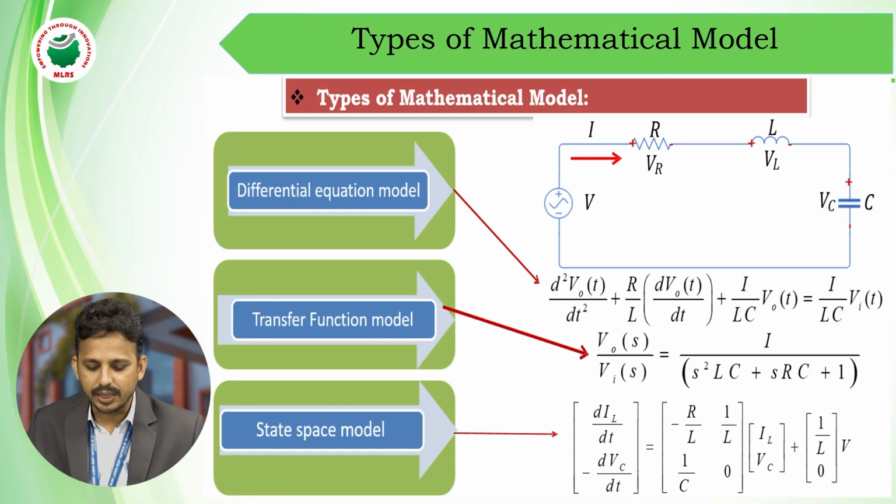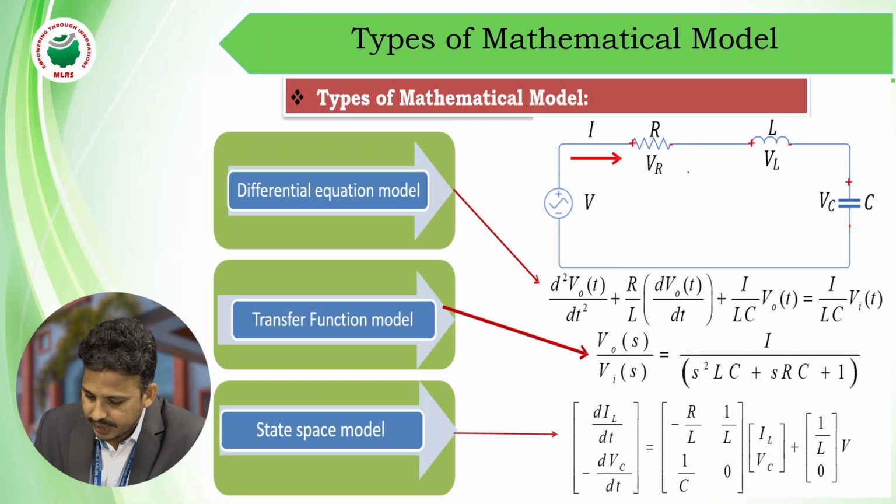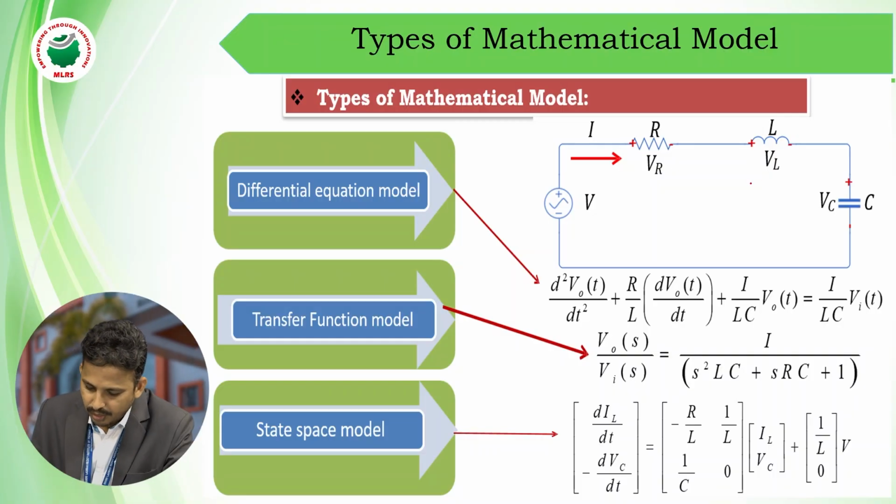Now, types of mathematical modeling. Let us consider a RLC series circuit. I want to write the mathematical model for this RLC circuit. So first of all, I want to use some basic laws for a given circuit. The basic laws are KVL and Ohm's law that I am applying.